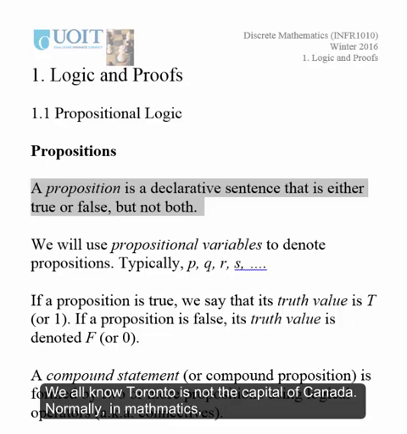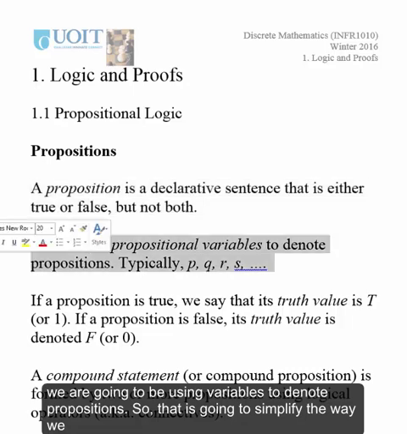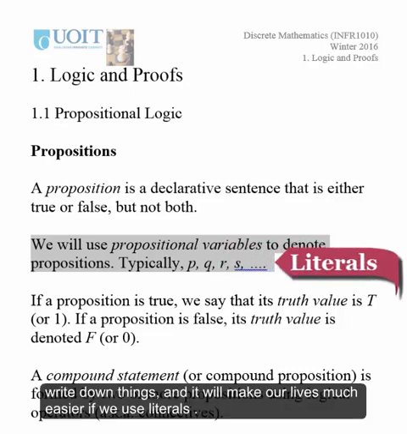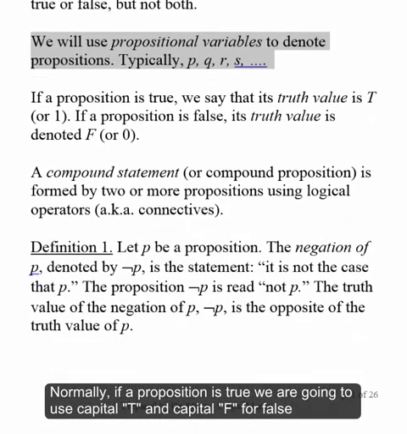Normally, in mathematics, we're going to be using variables to denote propositions. That's going to simplify the way we write things down, and it will make our lives much easier. Normally, if a proposition is true, we use capital T, and capital F for false.